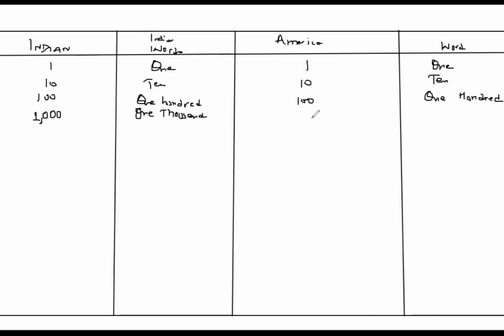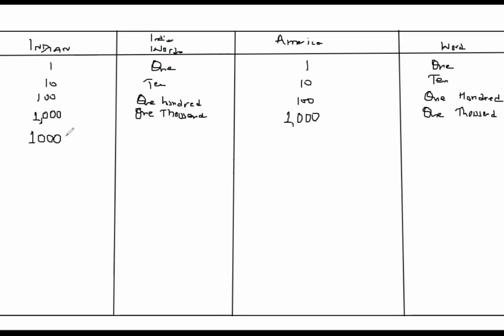In America also, we start our periods after an interval of every three digits going from right towards the left. So this will be called 1000, right? Now, the next thing after 1000 will be 10,000.